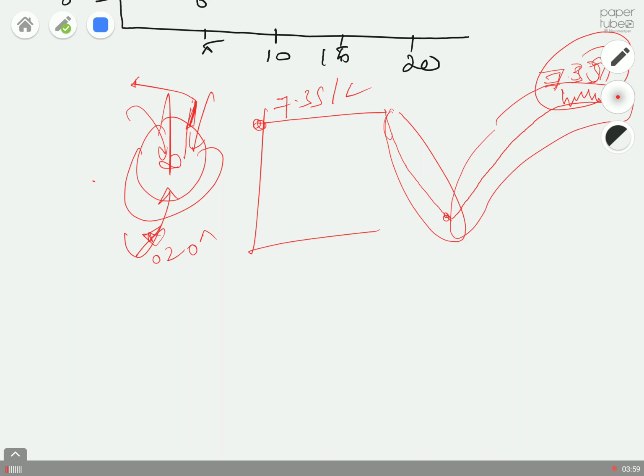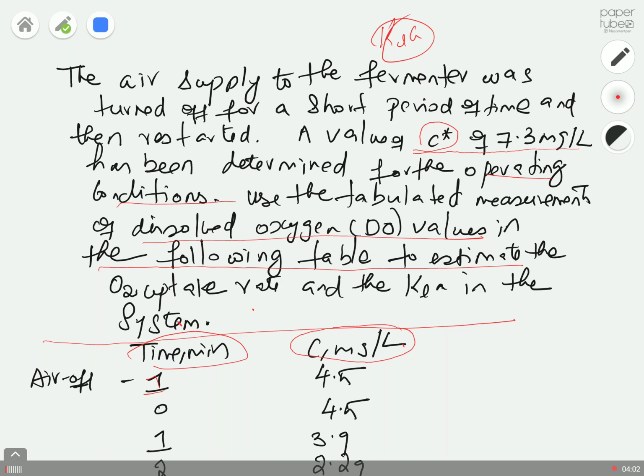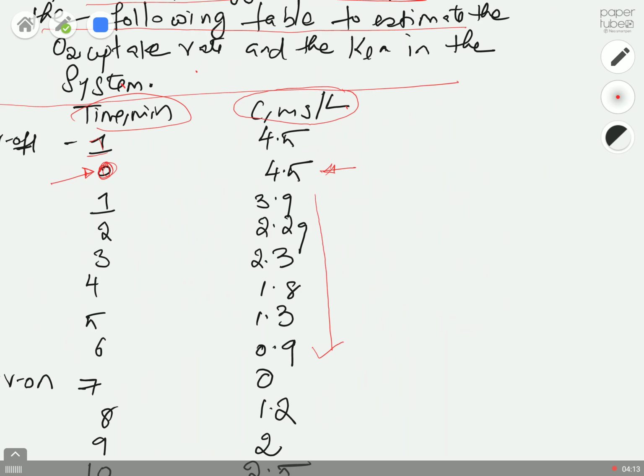So you have time 0, that's the time at which you switch off your air. That's at 4.5 milligrams per liter, and then it's going to drop down, and at the 7th minute the oxygen concentration dropped to 0 here.